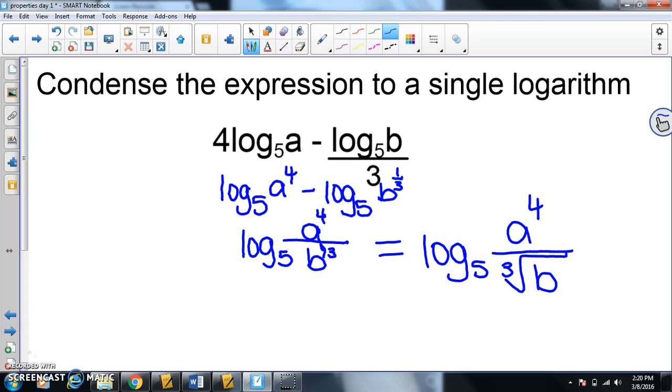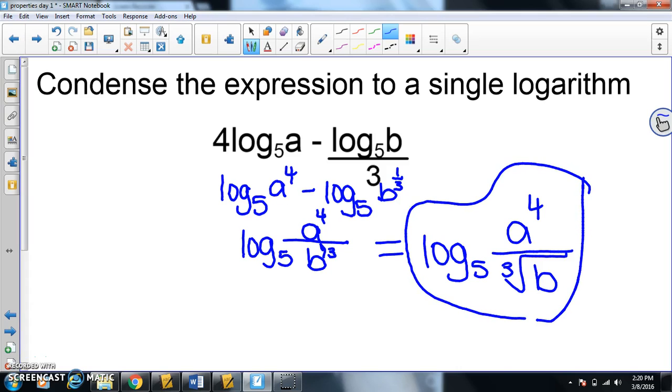Since we are subtracting, we are going to divide a to the 4th and b to the 1/3. And my final answer is written as log base 5 of a to the 4th divided by the cube root of b. I am taking my fractional exponent and writing it in terms of a root.